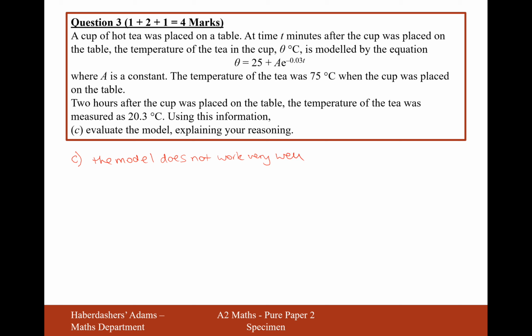If we look at the equation, theta is equal to 25 plus 50 e to the minus 0.03 t. Now remember, e to a power is always going to be positive. So we're going to have 25 plus 50 times something that's positive, and even if that is a really super small positive number, theta is always going to be bigger than 25 degrees. So having a recording of 20.3 is not going to be any use to us.